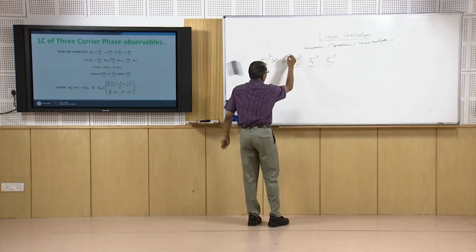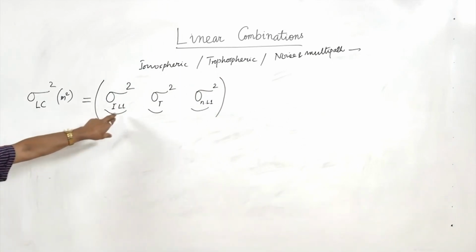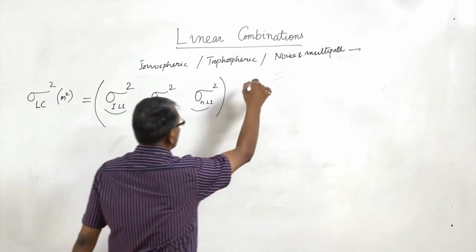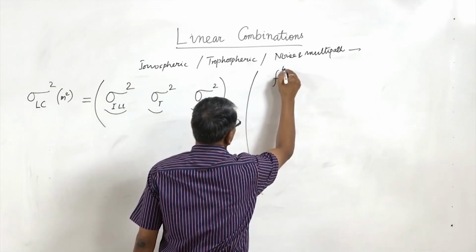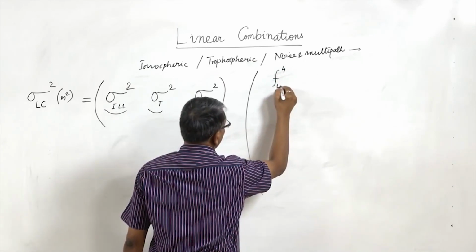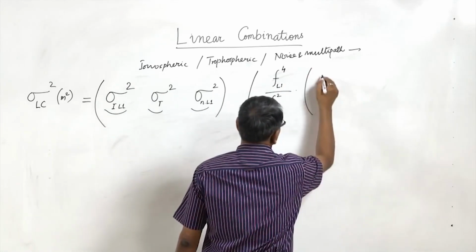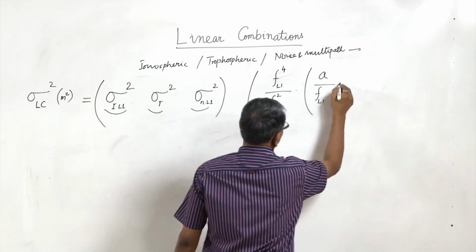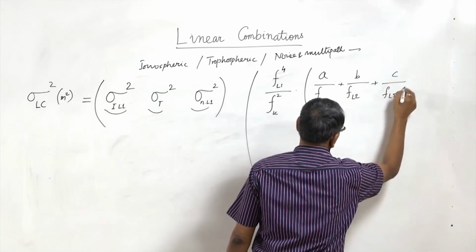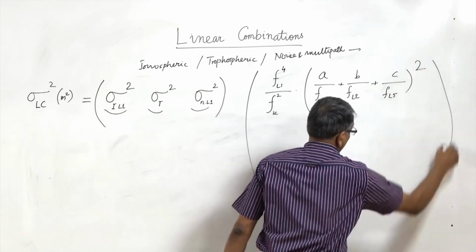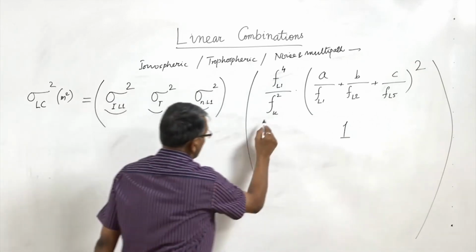So our errors will be defined in terms of the errors associated with the L1 signal, which is the most prominent signal, and this is multiplied by this.